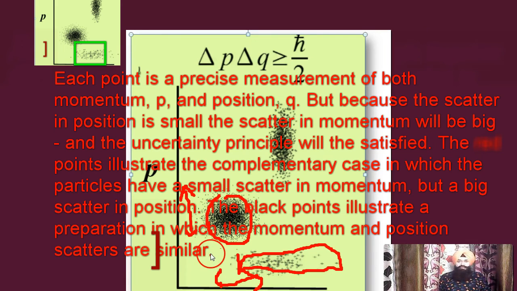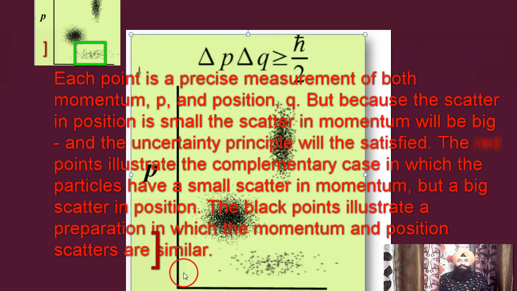This spread shows the value of delta P, along the y side, decreases, whereas the spread in position, delta x, becomes large. So if delta P decreases, delta Q becomes large.